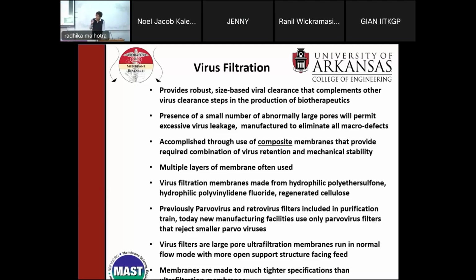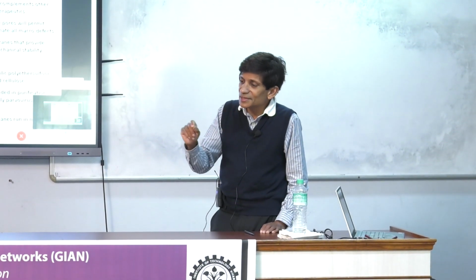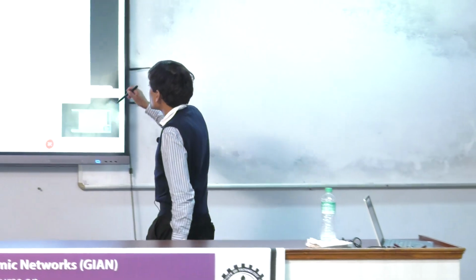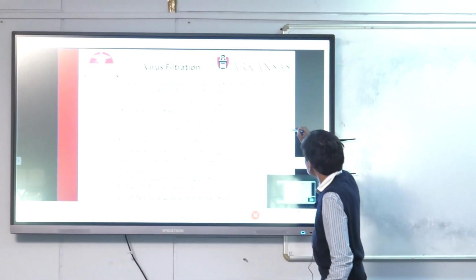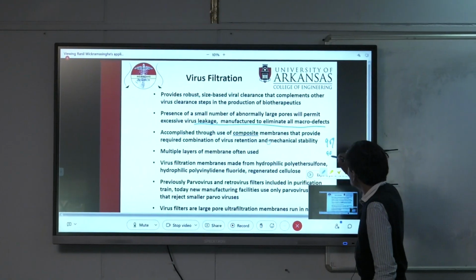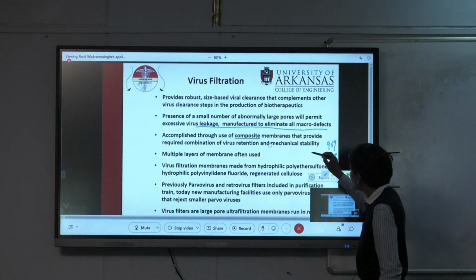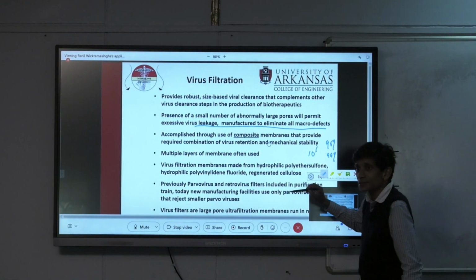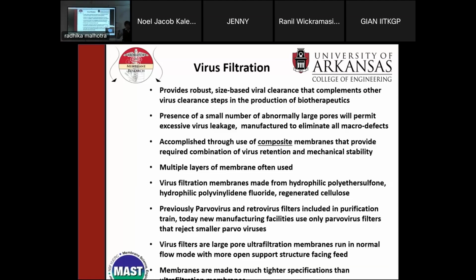But virus, so if you think of a 1 log as being 90%, right? So 2 logs is 99%, and I was talking like 10 to the 6, or 6 logs. So you see immediately that the level of leakage you can have is much, much less. You cannot let even one virus particle go through. So that's why you have to make sure there are no macro defects. Okay, that becomes very important.